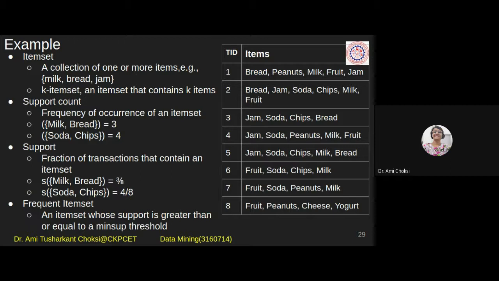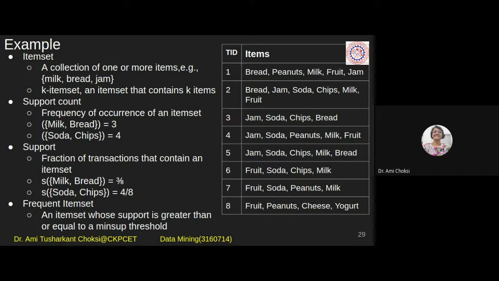For milk and bread, support count is 3. We have already counted that. It is 3 divided by number of transactions. The total number of transactions given are 8. So 3 divided by 8. This is support. When we say support count, it means only the count of the combo of those items. Right? So have the difference in your mind.